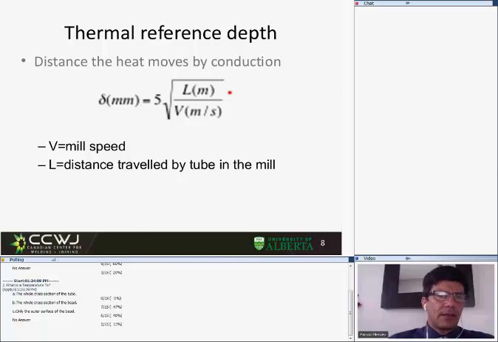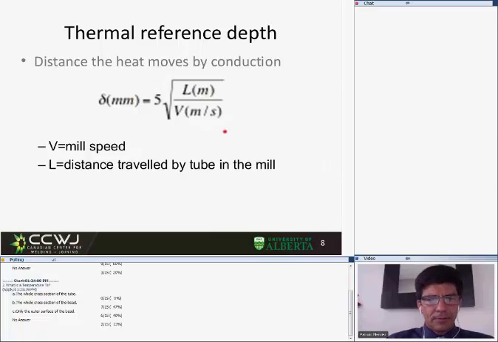It takes some time to move a given distance in the mill. The bigger the length makes a bigger thermal reference depth because it gives it more time. Conversely, the higher the velocity for a given length gives us less time of residence. So the higher the velocity, the smaller the thermal reference depth. And it's not linear, it's related with this formula here.